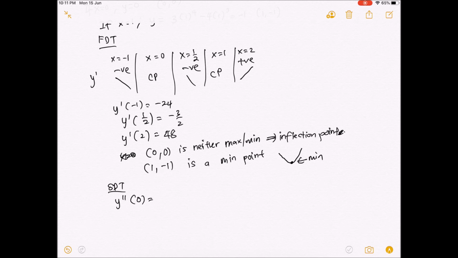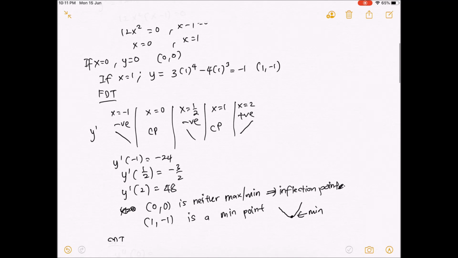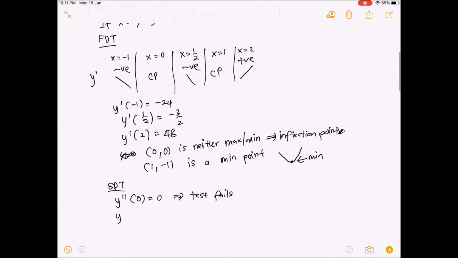Y double prime of 0 is actually 0, which indicates the test failed. Y double prime of 1 is equal to 12, greater than 0, which means we have a minimum at (1, negative 1). So the answers support each other.